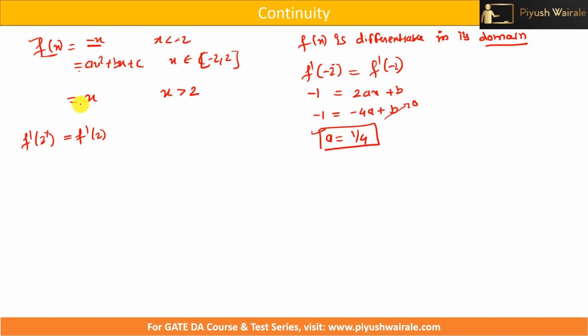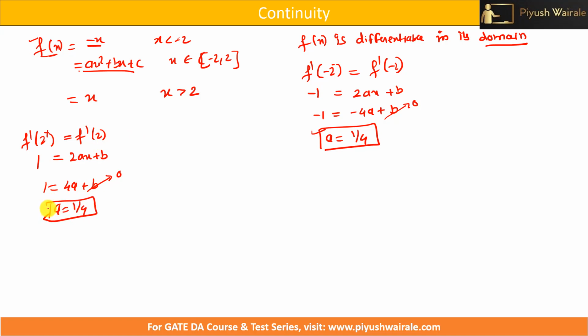If I do the same thing here, what will I get? The derivative of x will be 1 for 2 plus, and here f dash of 2. So what is the derivative of this thing? 2ax plus b. So just put the value of x here. So 1 equals 2a plus b, and anyway the value of b is 0. So here also I got a equals 1 by 4, right?